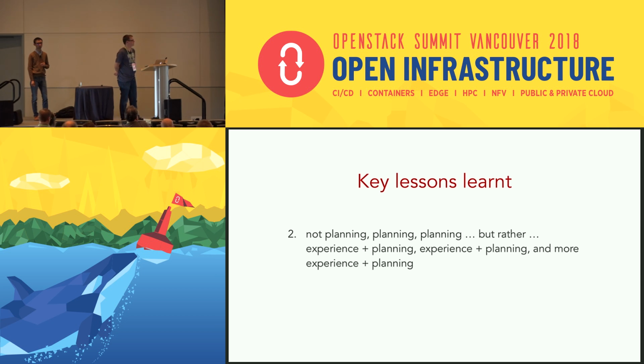For example, we made a mistake with our Ceph server. The documentation is quite clear. Per 1 terabyte of storage, have roughly 1 gigabyte of RAM. And that is absolutely right, because we got roughly 120 terabytes in one Ceph server, and we started with 64 gigabytes of RAM.